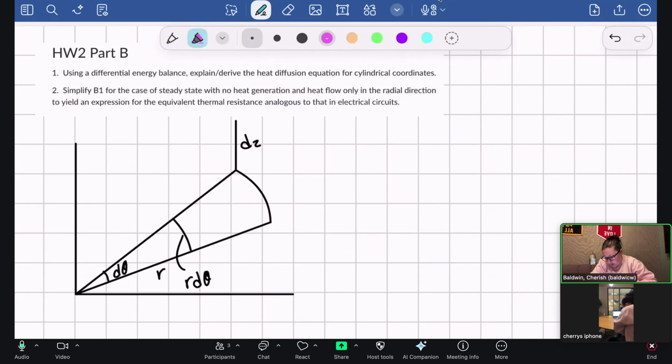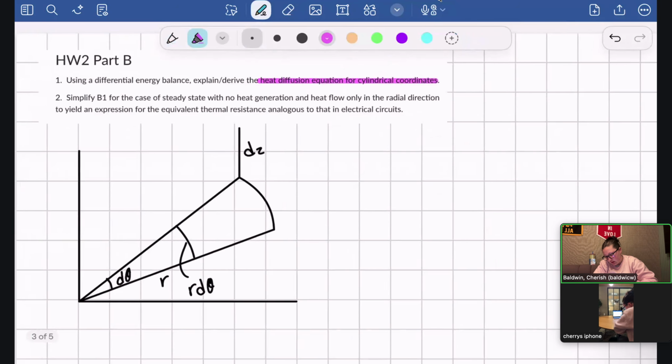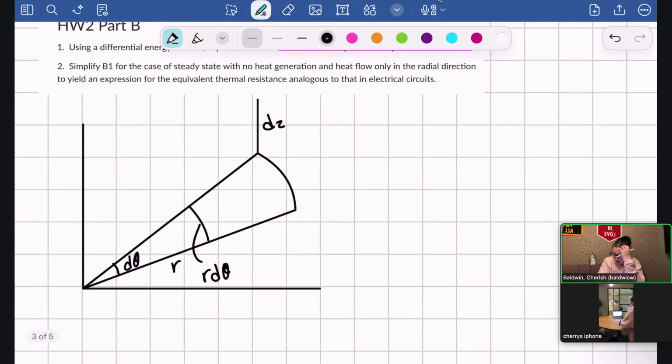Alright, so now I'm going to derive the heat diffusion equation for cylindrical coordinates. What I have drawn here is a sliver of a cylinder on a Cartesian coordinate plane.